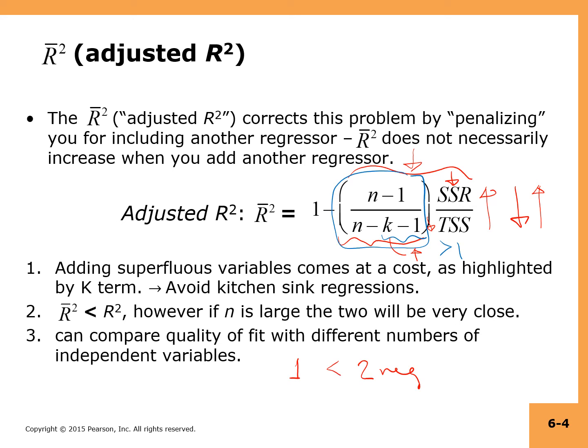But with adjusted R squared, because it penalizes you and tries to balance out whether it's good or bad to add another regressor, you can actually compare these two models and say which one is better by looking at the adjusted R squared.